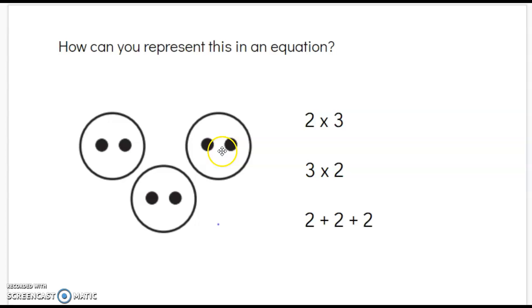Maybe you saw 2 dots in 3 equal groups. Or maybe you saw 3 groups with 2 in each one. Maybe you just added 2 plus 2 plus 2. Guess what? Nobody's wrong. You did it. Great work!